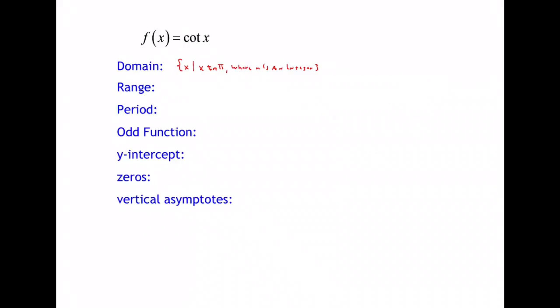The range stays the same, it's all real numbers. The period, same as tangent, is only pi. It only takes pi units to repeat itself.